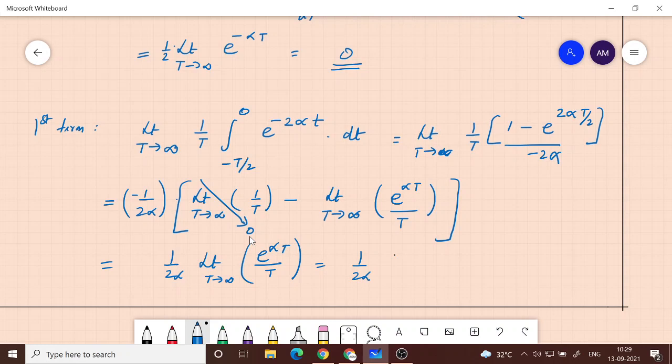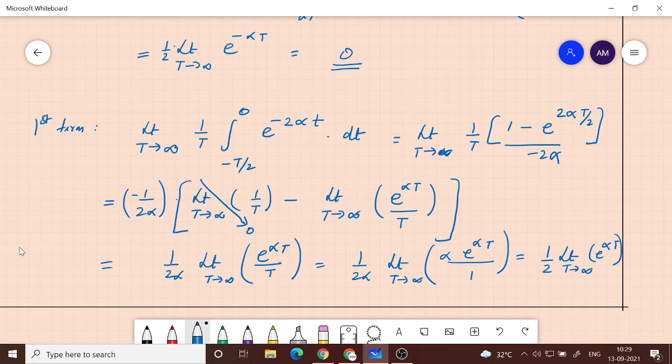So this is limit t tends to infinity, numerator becomes alpha e raised to alpha t, denominator becomes 1. Okay, so this is 1 by 2 limit t tends to infinity e raised to alpha t.